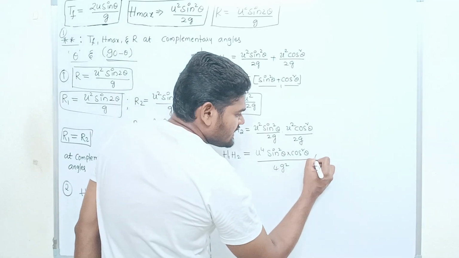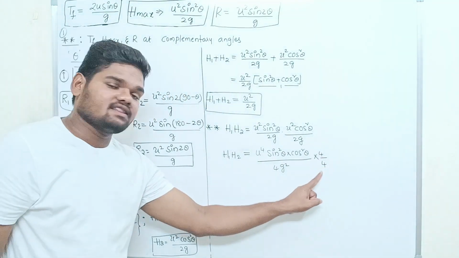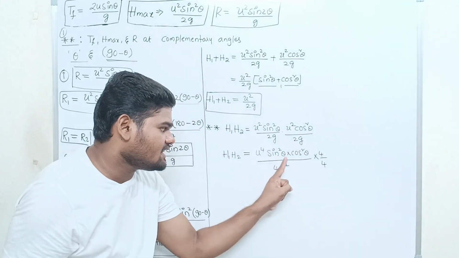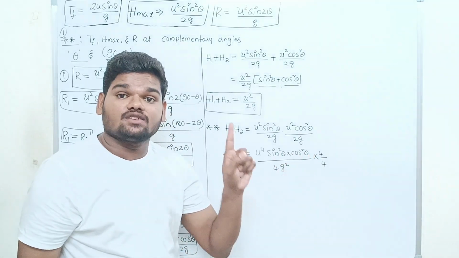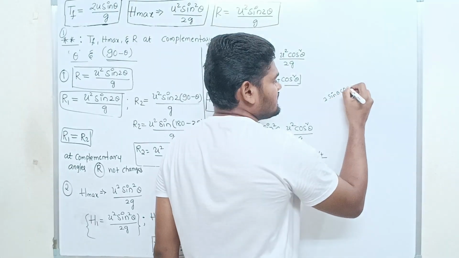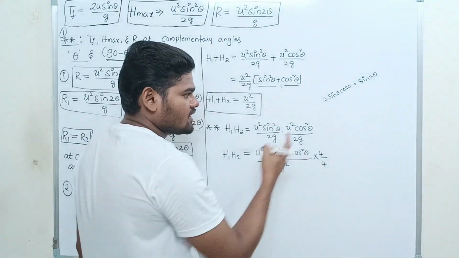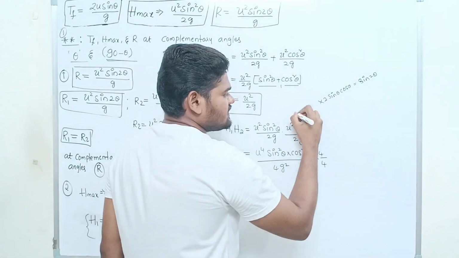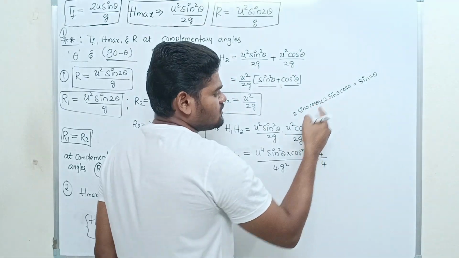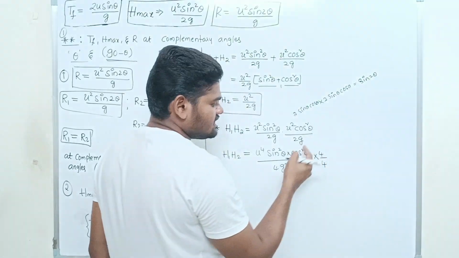I'm just multiplying and dividing this equation with 4. So have a look. Here we have 4 sin square theta into cos square theta. So 2 sin theta cos theta in general is nothing but sin 2 theta. Here again I multiplied this term with 2 sin theta cos theta. It becomes 2 into 2, 4, sin theta into sin theta, sin square theta, cos theta into cos theta, cos square theta.